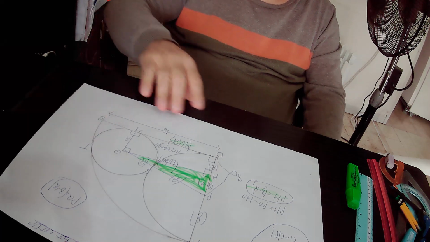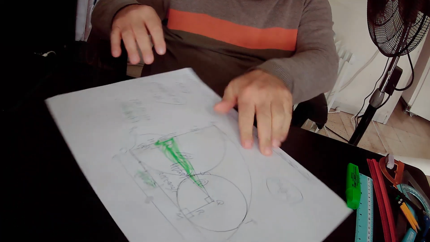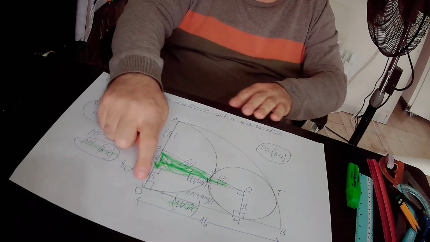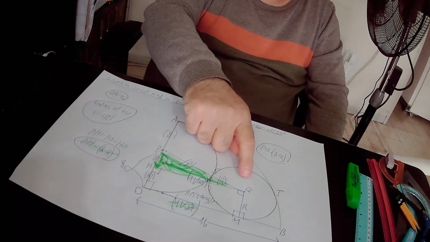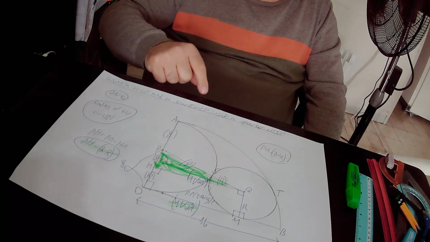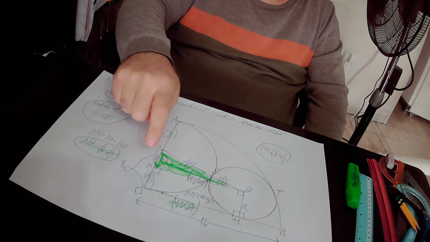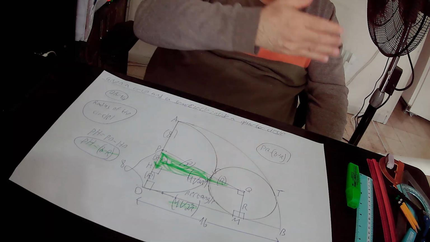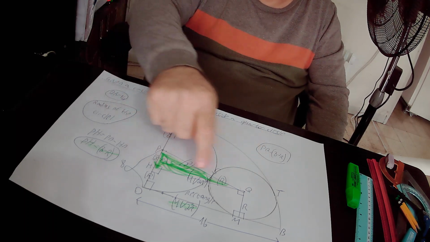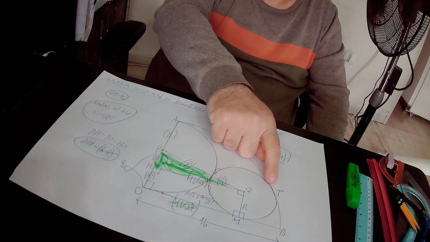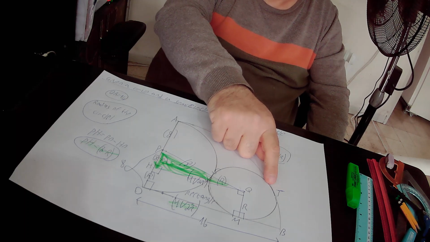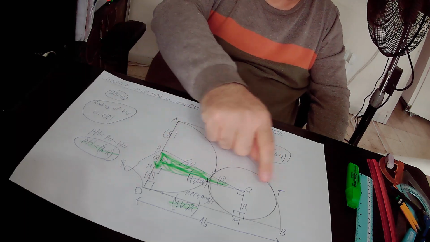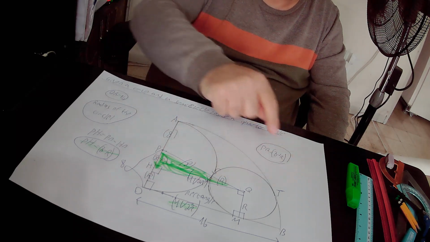The center of the big quarter circle is point O, and the center of the small circle is point Q. The straight line connecting their centers is OQ, and according to rule 9, OQ must pass through point T, their touching point. OQT is one straight line. Again, OQT is one straight line.